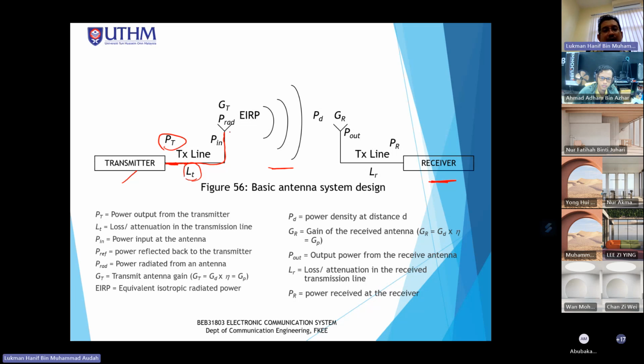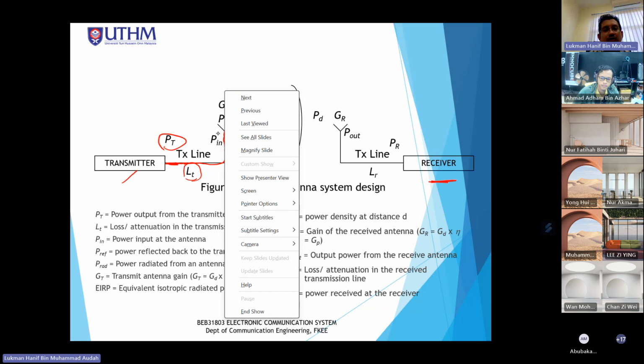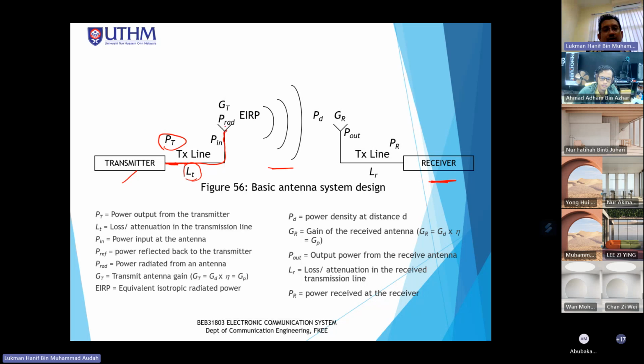Then the power that goes to the input of the antenna is what we call P in, the input power to the antenna. Then we have the power used for the radiation.